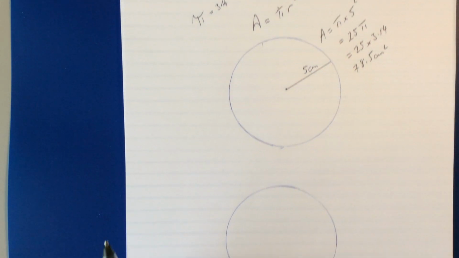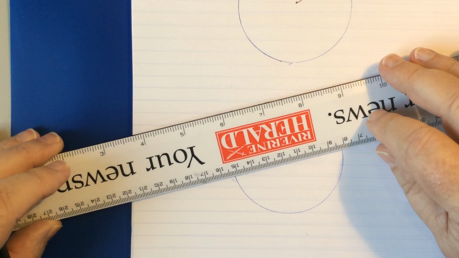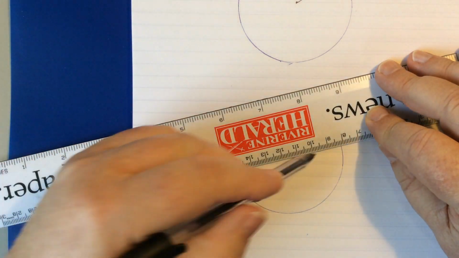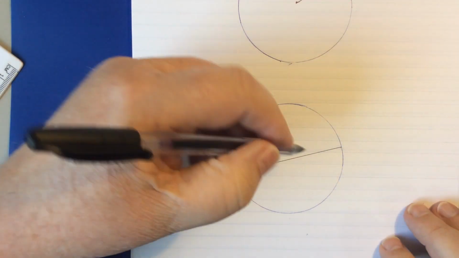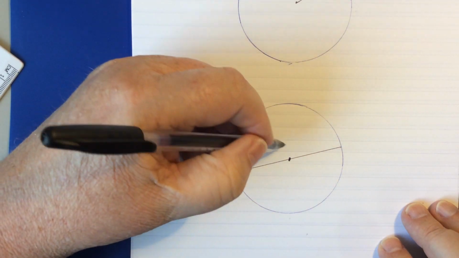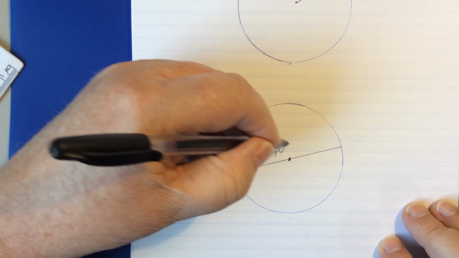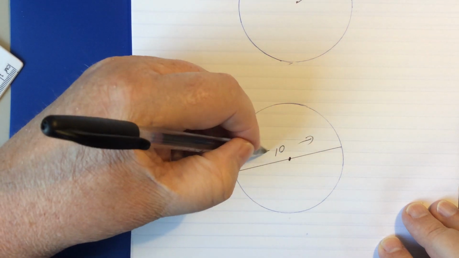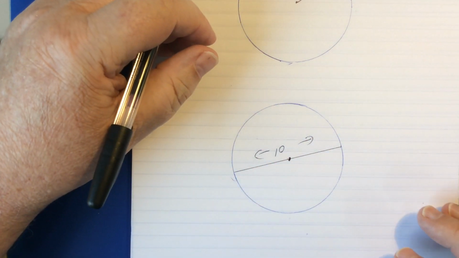Now, what happens when instead of a radius, the information that you have involves a diameter? And here we'll say that the diameter is 10. So it's 10 from edge to edge going through the center of the circle.